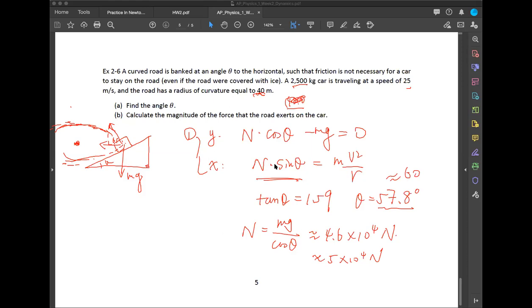Yeah, like 40 only has one significant figure. The 0 doesn't count, right? For integers, the last one does count.